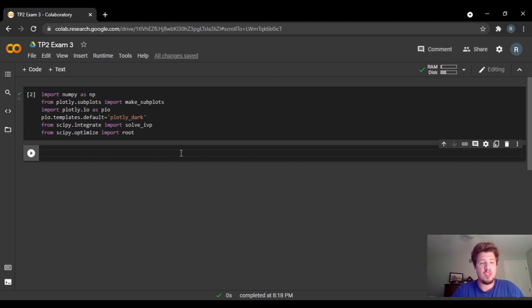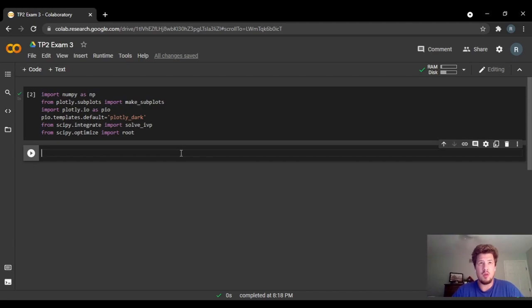I then changed the background to be black, just looks a little bit nicer. And then I have utilized SciPy's integrate solve_ivp for the initial value problems that we'll be utilizing later on in this video to solve for our initial guesses for the derivatives. And then we'll be utilizing the root function that I got from SciPy optimize to actually solve for these derivatives of the functions.